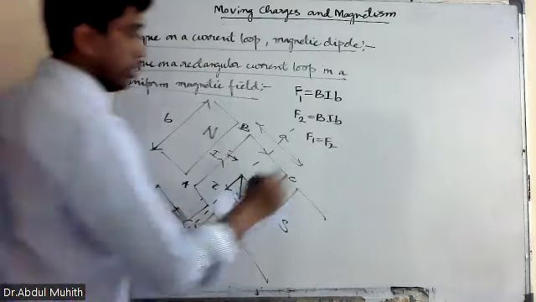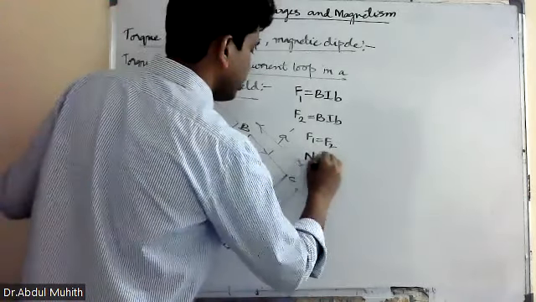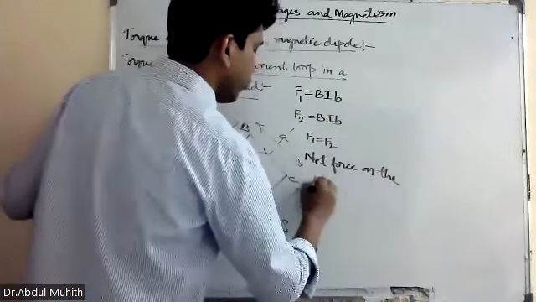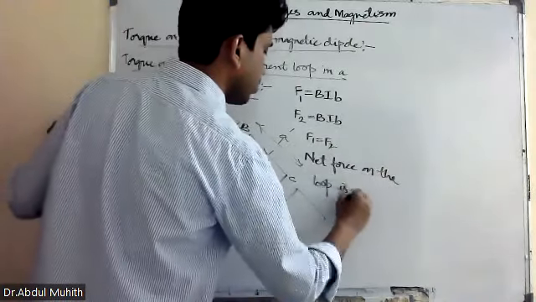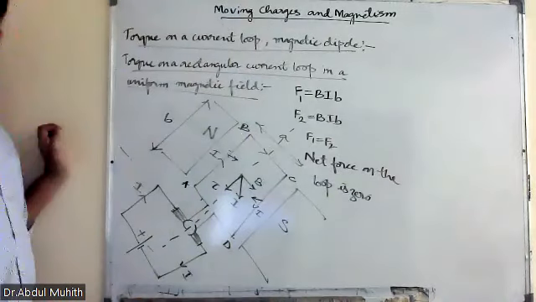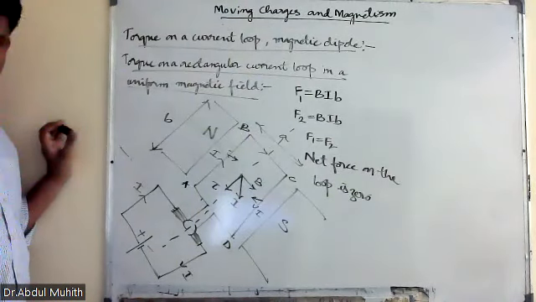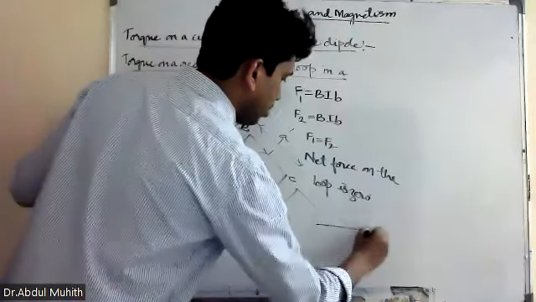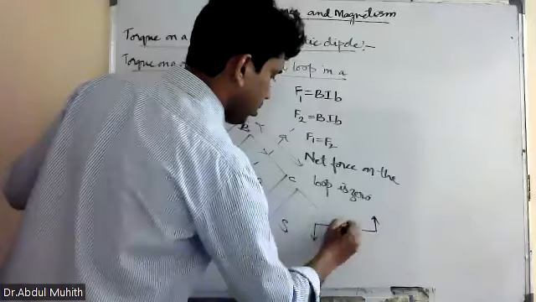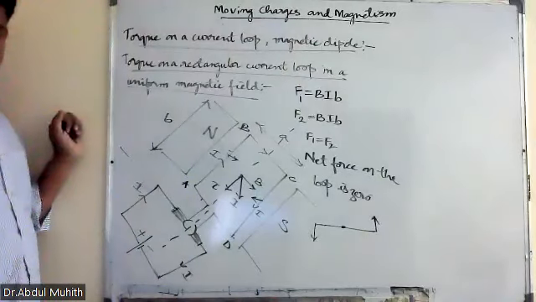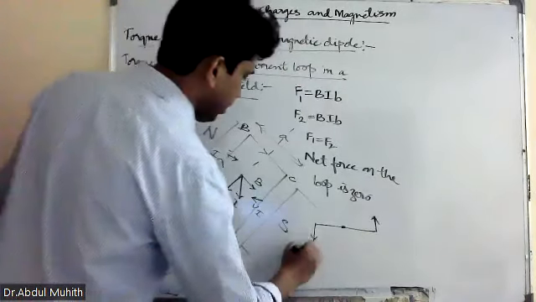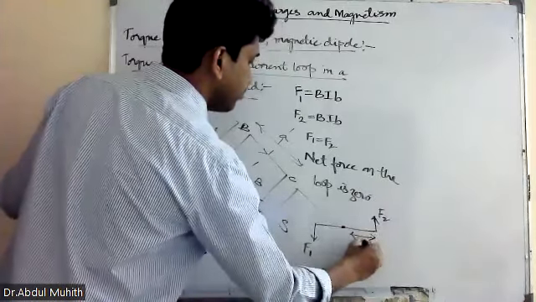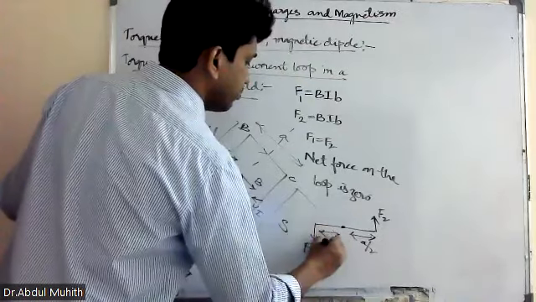So the net force on the loop is 0. Now here, this is F1, this is F2, this distance is a by 2, and this is also a by 2.